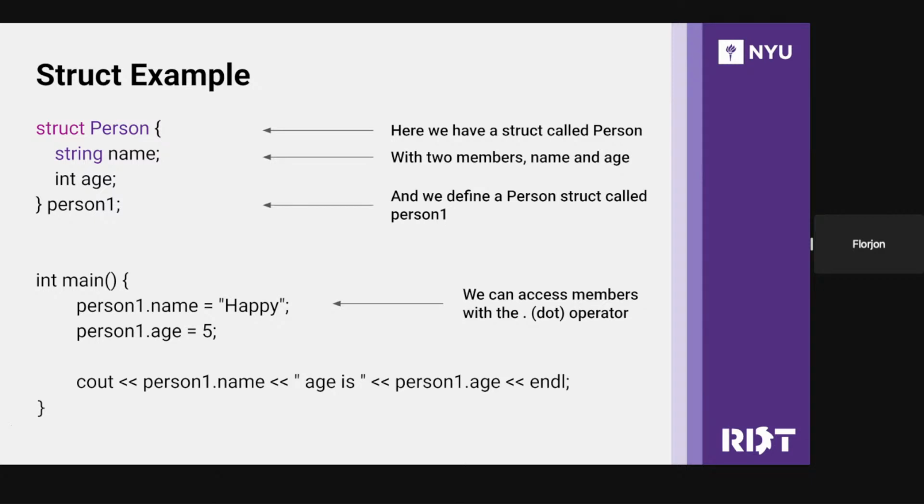So after that line runs, person1's name will be happy. Anytime we want, we could also just look into person1.name like we are doing in the cout, and it will print out happy. The same thing goes with age, which will be 5. So if we go to cout, it's going to say happy age is 5, and then the end of the line. You can go to the next slide, please.